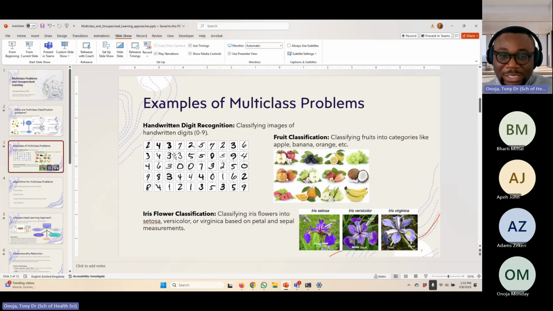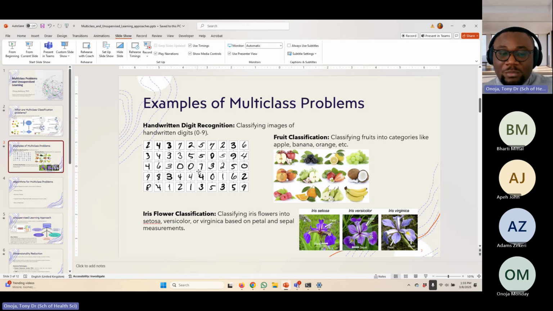For example, the way 2 is written here is not the same way 2 was written here. It's not the same way it was written here. The same thing with 1, you would see the way it was written was not the same. Even 0, the way 0 was written here was different from here and also here, and even 8.